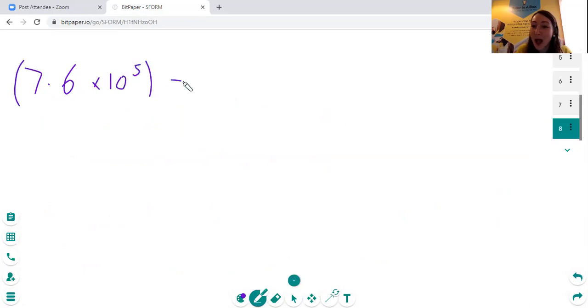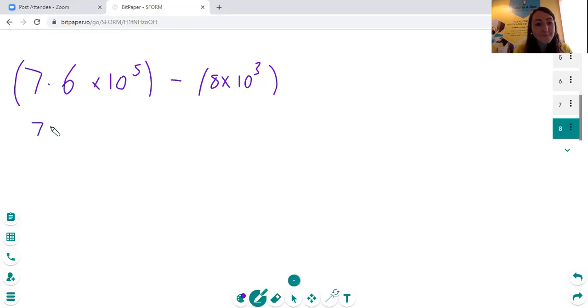And we're going to do minus this time rather than adding. 8 times 10 to the power of 3. Okay, so here, remember the rules are the same, okay? So adding or subtracting, we have to make the powers the same, okay? So what I want to do here is I want to make both powers times 10 to the power of 3.